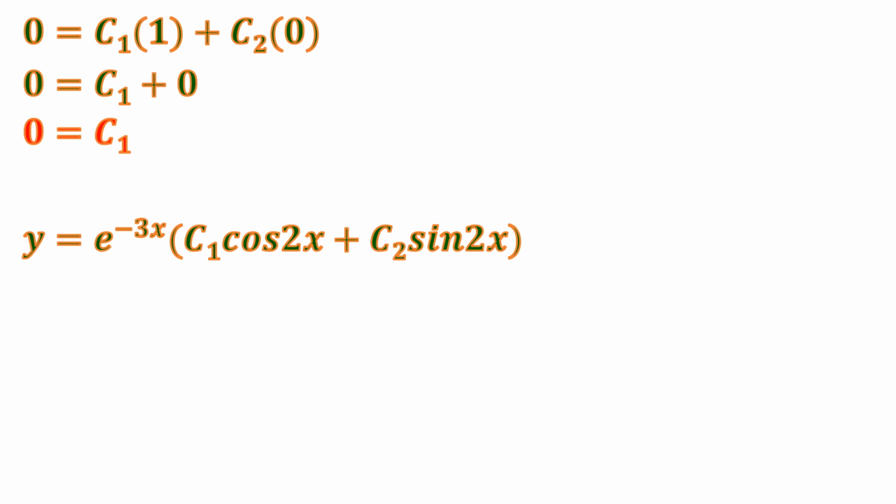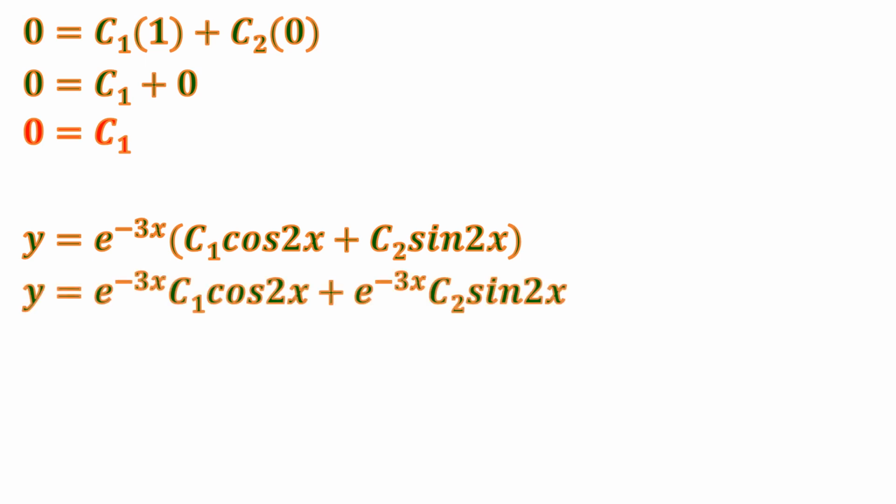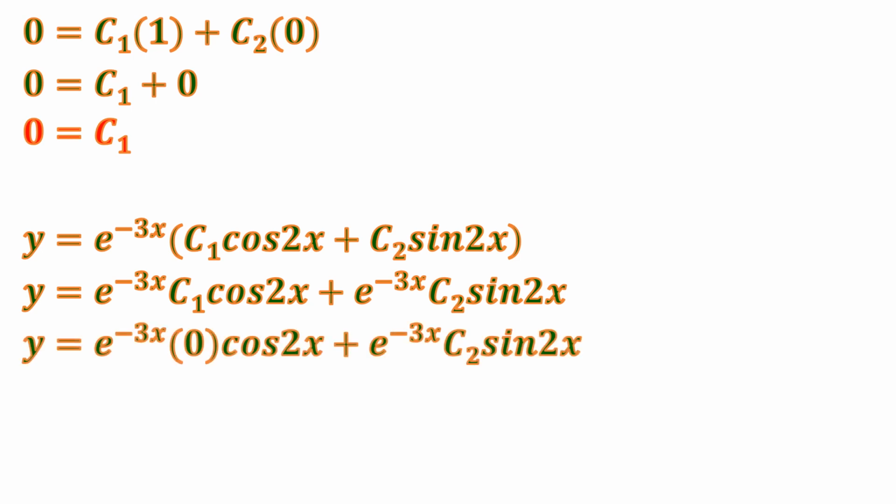To derive this, you can just derive it directly, or you can distribute the e negative 3x before you derive. I distribute it because anyway c sub 1 is just 0. So we can substitute c sub 1 by 0, and the whole first term will be gone because it's times 0. So we're left with e to the negative 3x times c2 sine 2x.